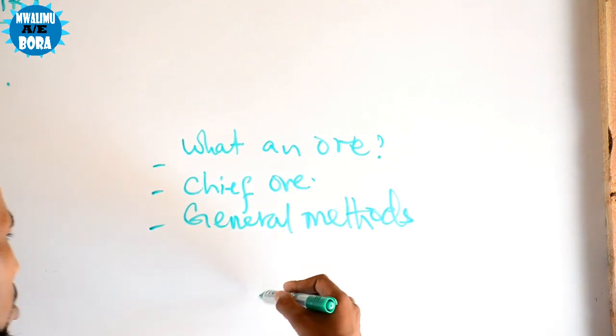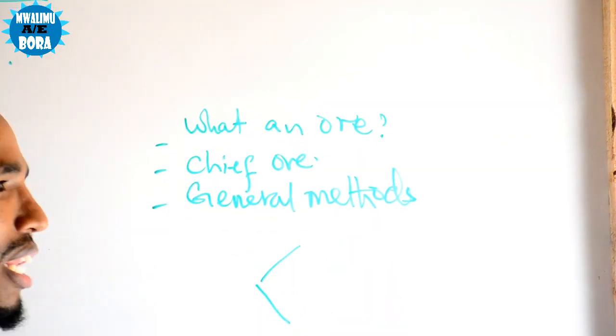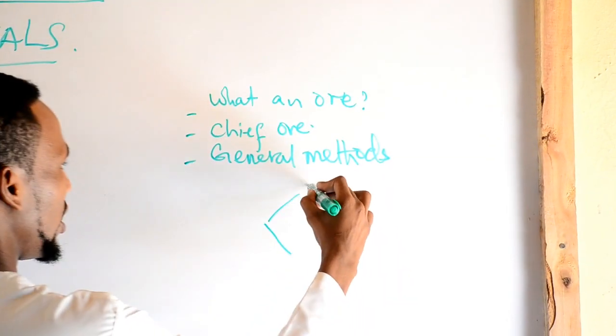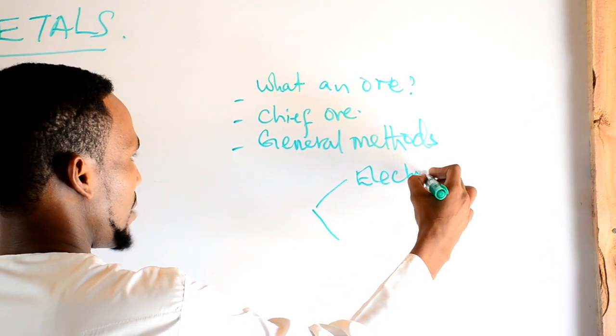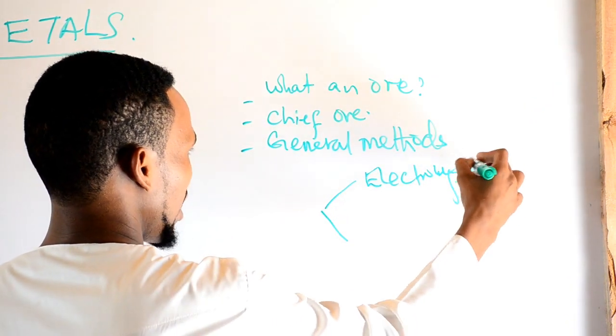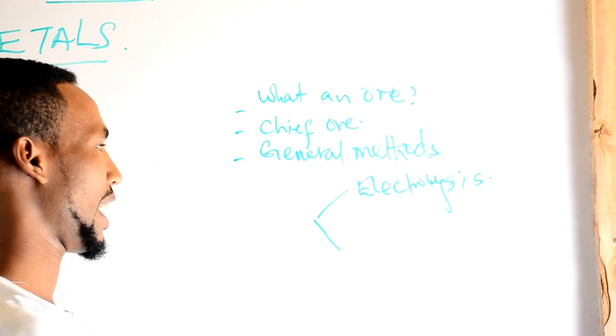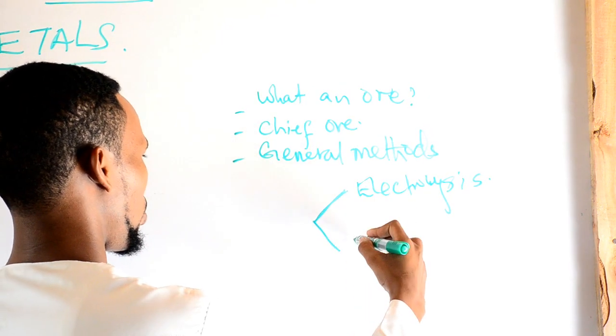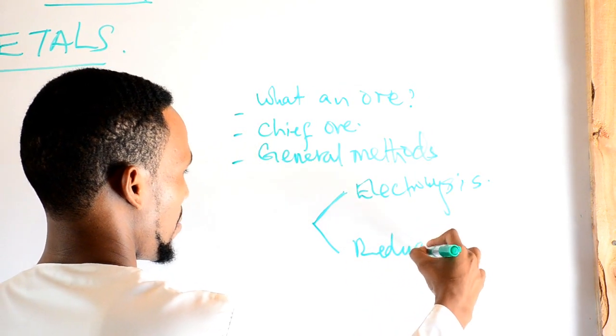Here we are mainly talking about two methods. An element can be extracted by either the electrolytic method, or by the reduction method.